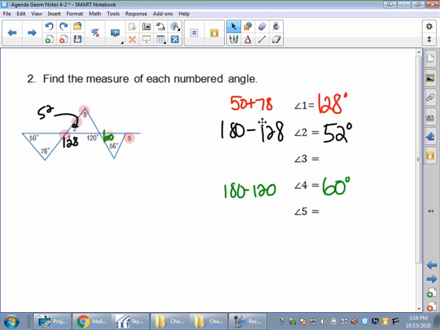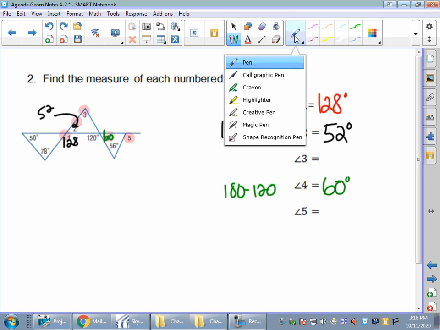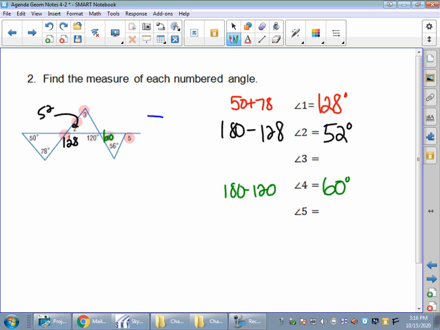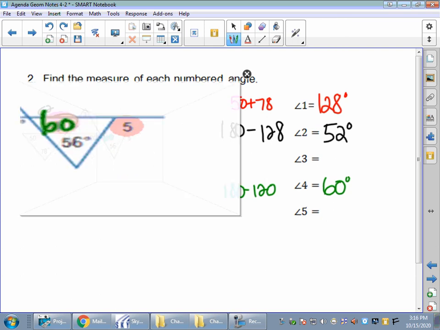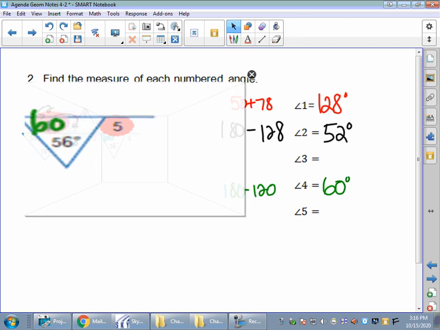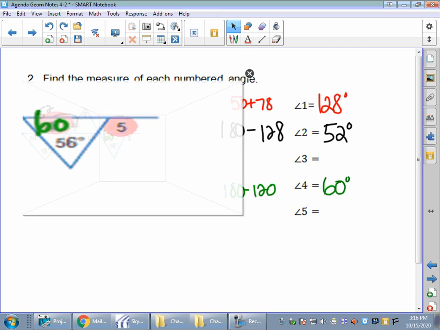Angle 5, I'm kind of going in a weird order. I just totally missed angle 3. Let's come back to it. If you look at angle 5, perhaps you see that angle 5 is an exterior angle. When I take the rest of the diagram out of there, I've got 60 and 56 as my two remote interiors. You have two options.